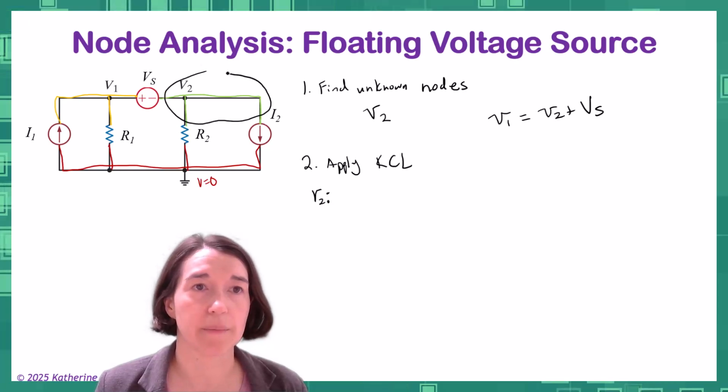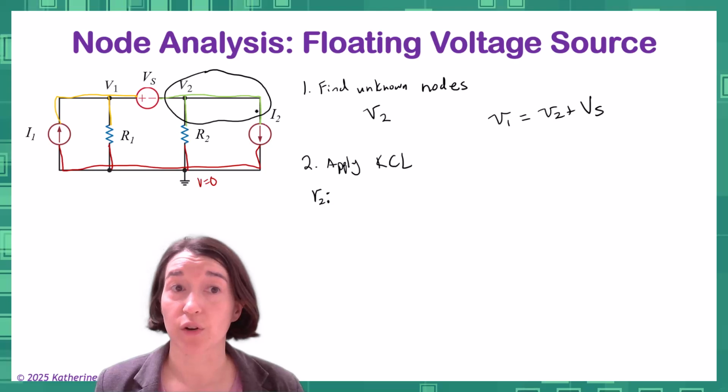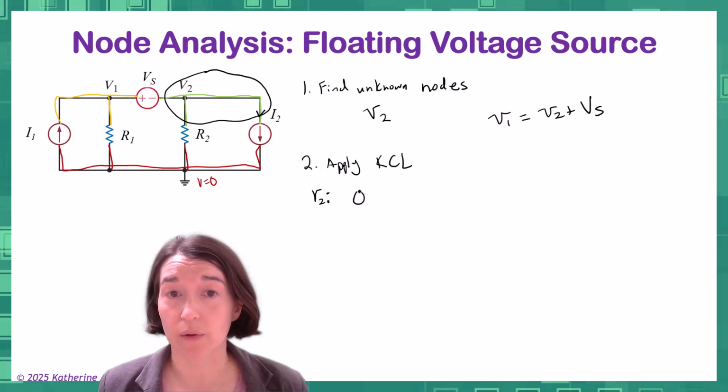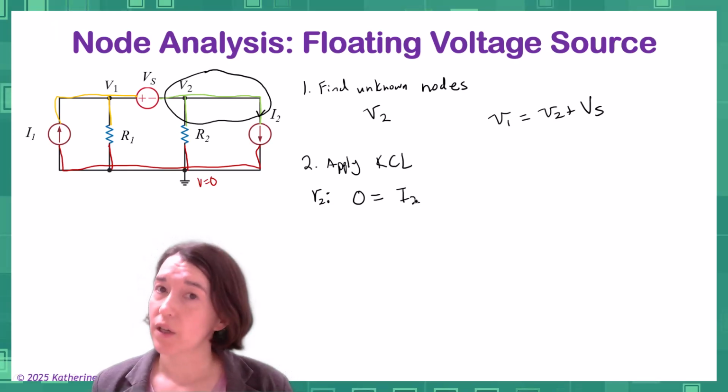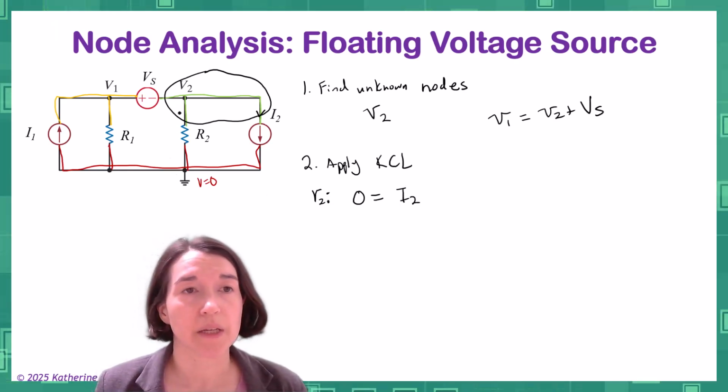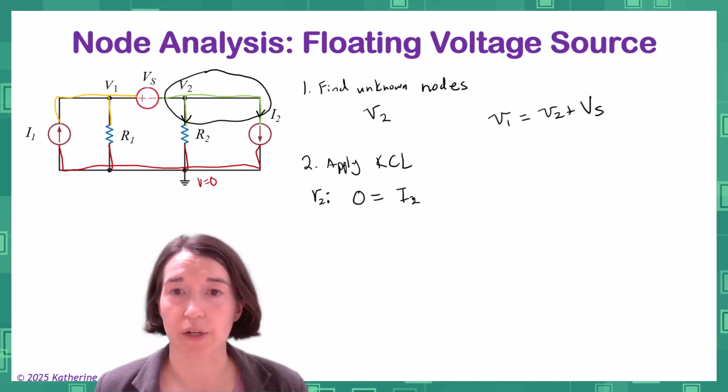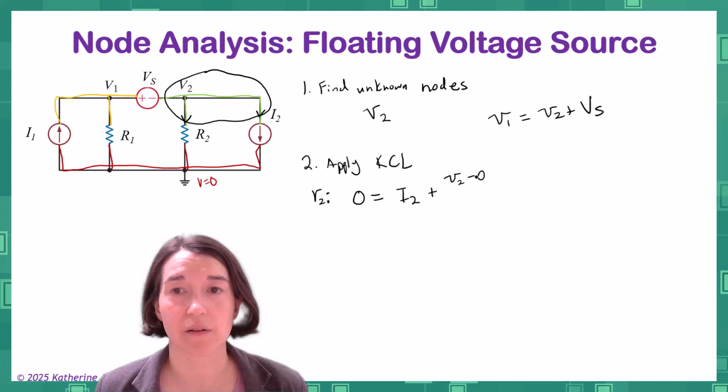Again, I prefer to do currents out of it. So we're going to have 0 equals, here we have I2. That's an independent source, so that value is given. And we would have this current, so this would be V2 minus 0 over R2.